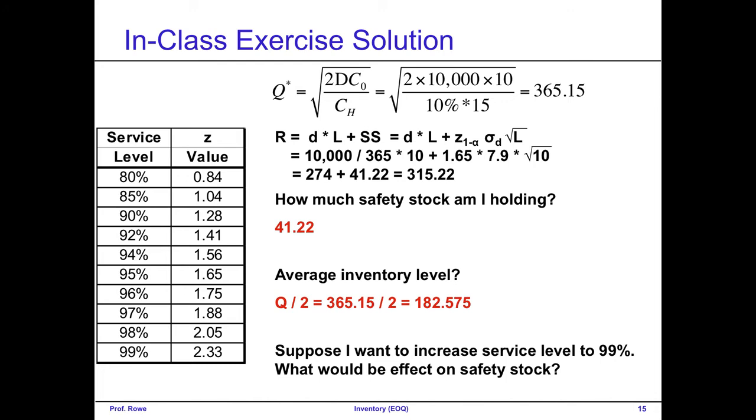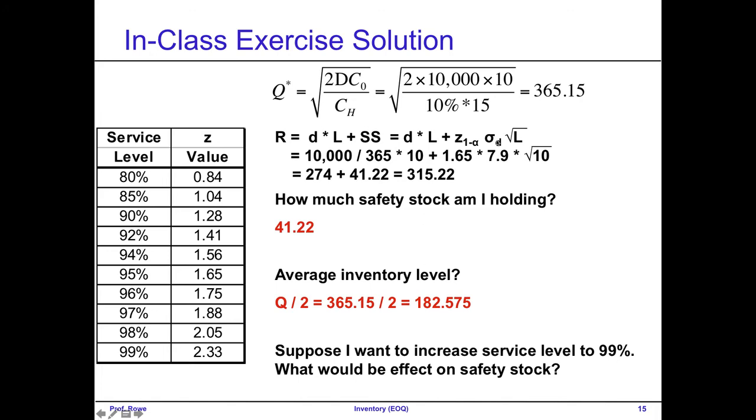Next, suppose I want to increase the service level to 99%. Intuitively, without necessarily putting the numbers into the formula and calculating it, just by looking at the table on the left, what would be the effect on our safety stock?